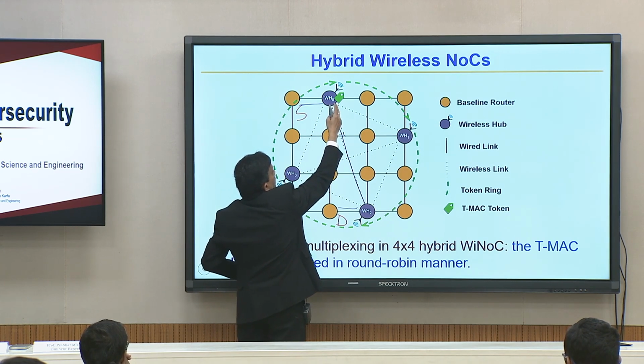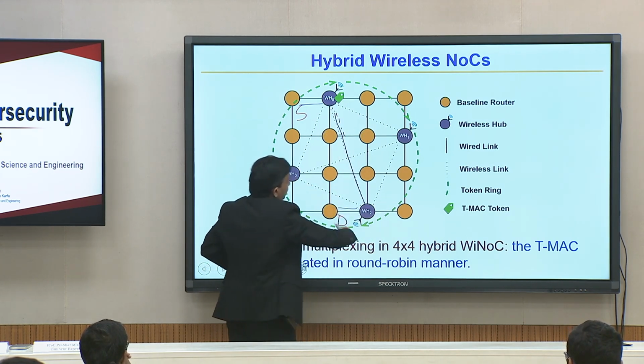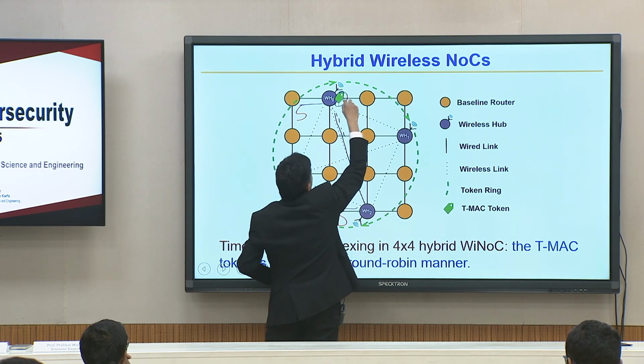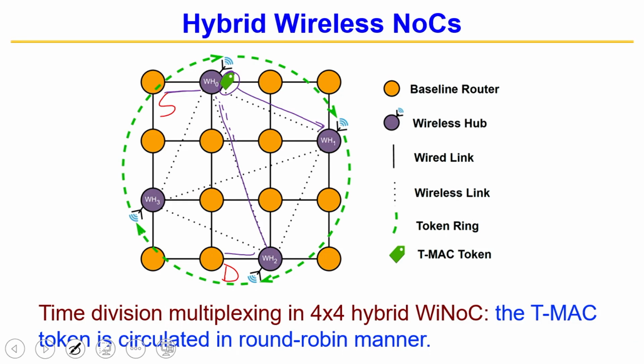Next time step the token will come here, next time step here, and then it will just rotate. That is basically the time division multiplexing protocol for just 4 wireless hubs.